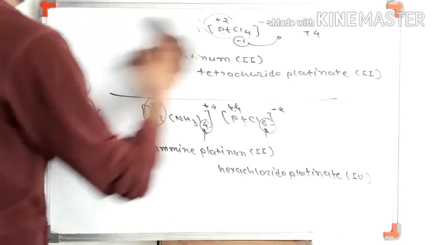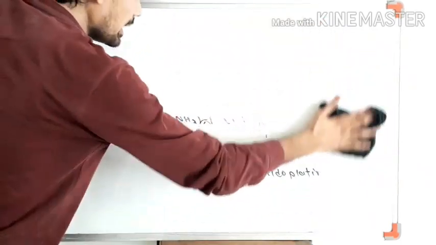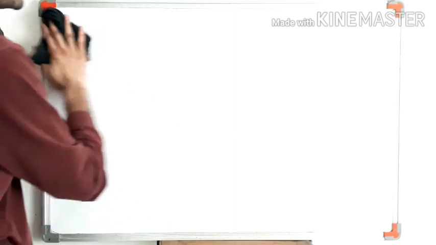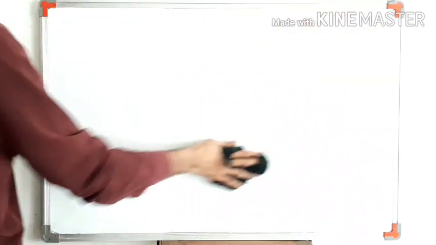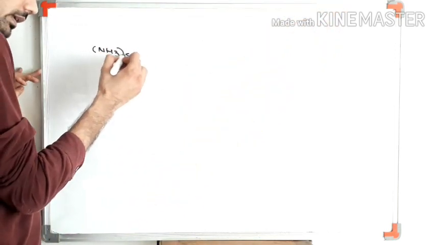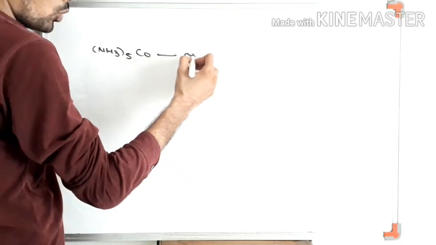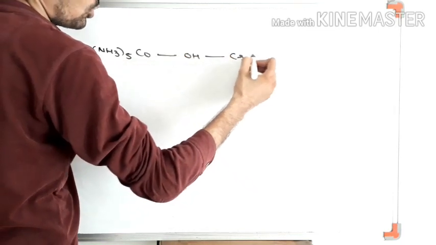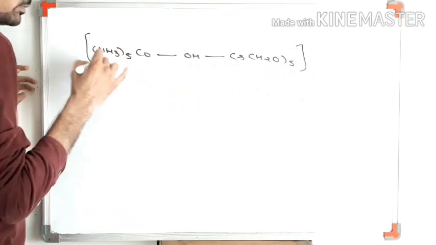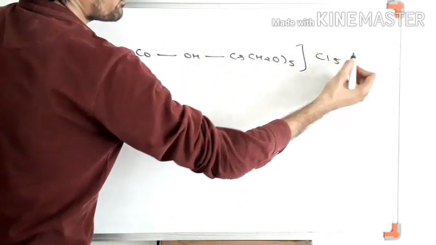If there is any ligand which is combined with two different metal ions, like this: [(NH3)5Co-OH-Cr(H2O)5]Cl5.